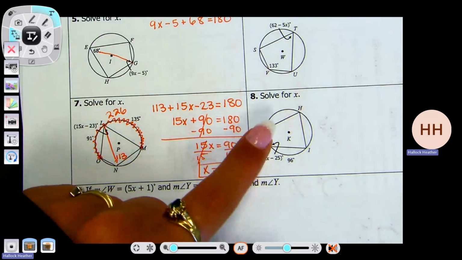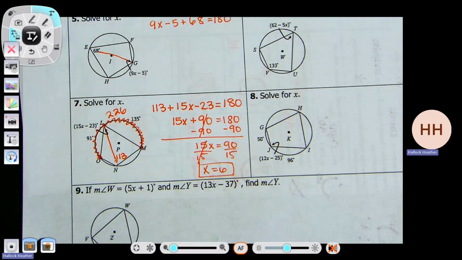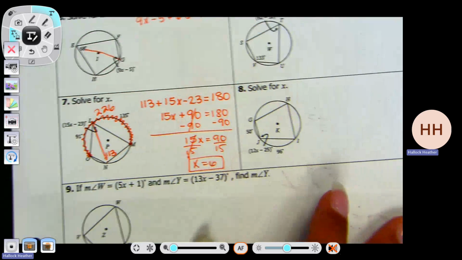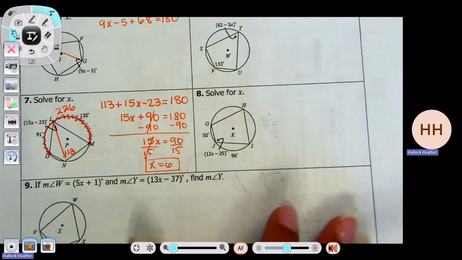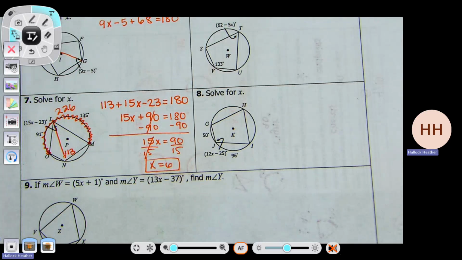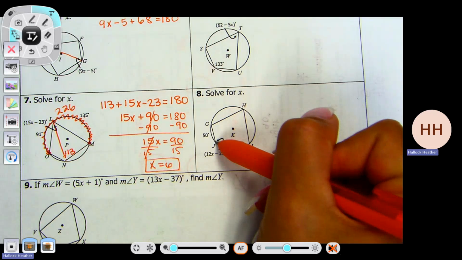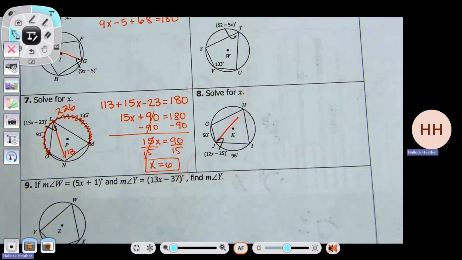So the only other hard one is like number 8. Number 8. You want to just set it up right now? Yeah. Okay, I'm not gonna do it for you, but we'll set it up. So take a second, look at number 8. You're finding the opposite angles that you're gonna use. You're using obviously J. J is opposite of H. You need to find H. Same way we just did.